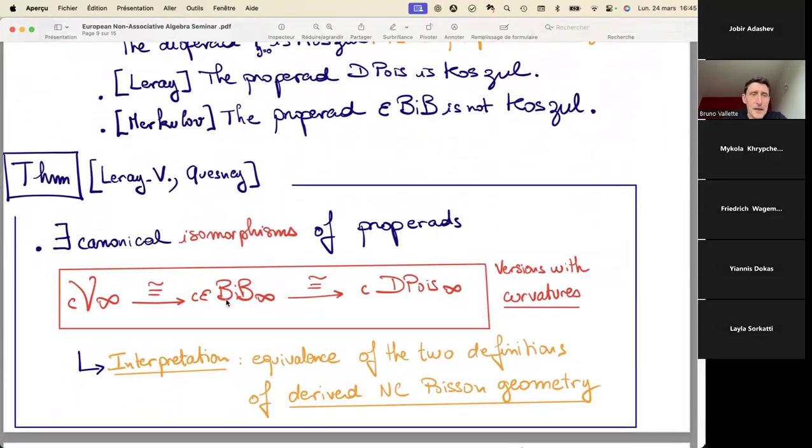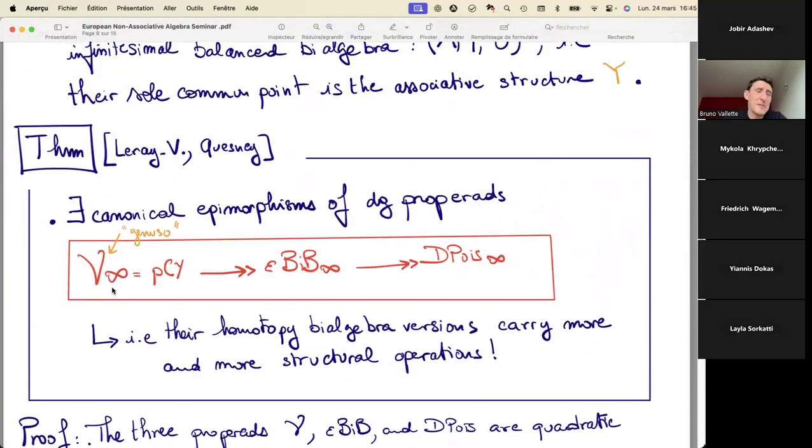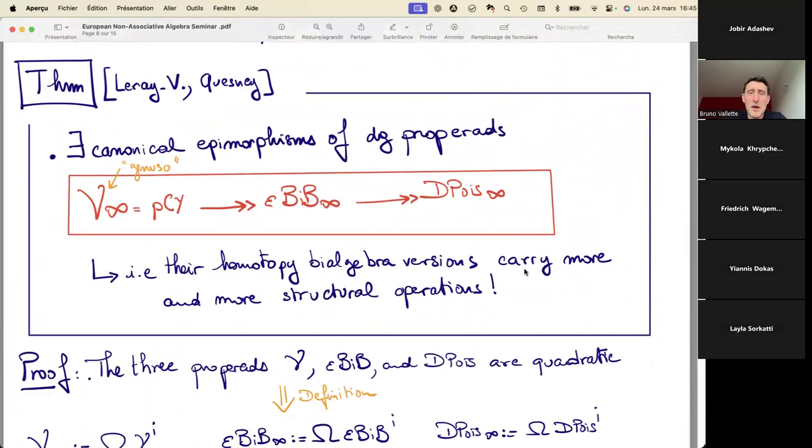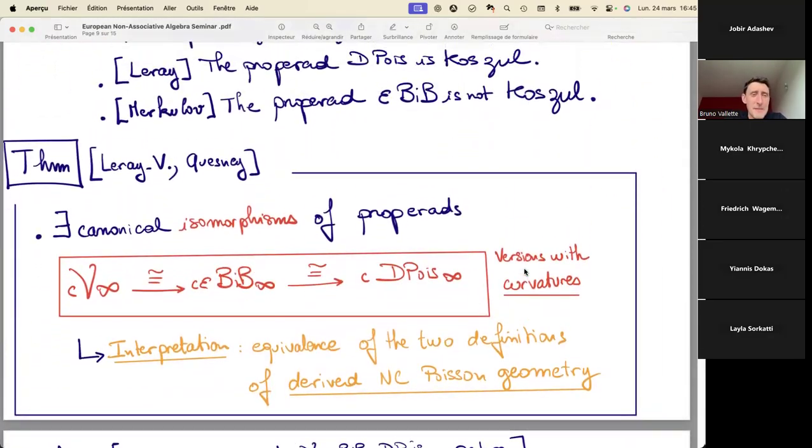So I said before that we have surjection. You see the picture before, there was no C here. So let me explain what I want to do. So you see here, I'm saying this is the biggest space of operations and then smaller and smaller. But there is a way to cheat, or a trick, let's say.